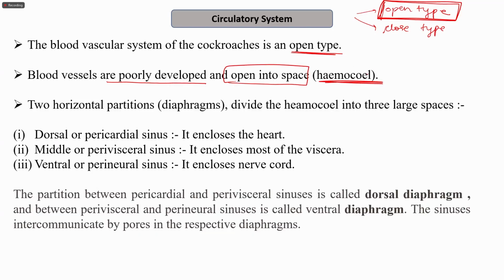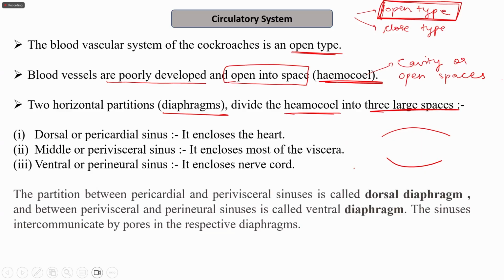So this hemocoel is the cavity, or you can say, open spaces. Now, there are two horizontal portions, that is two diaphragms, that divide the hemocoel, or the complete open cavity, into three larger spaces, as we will see in the next figure.